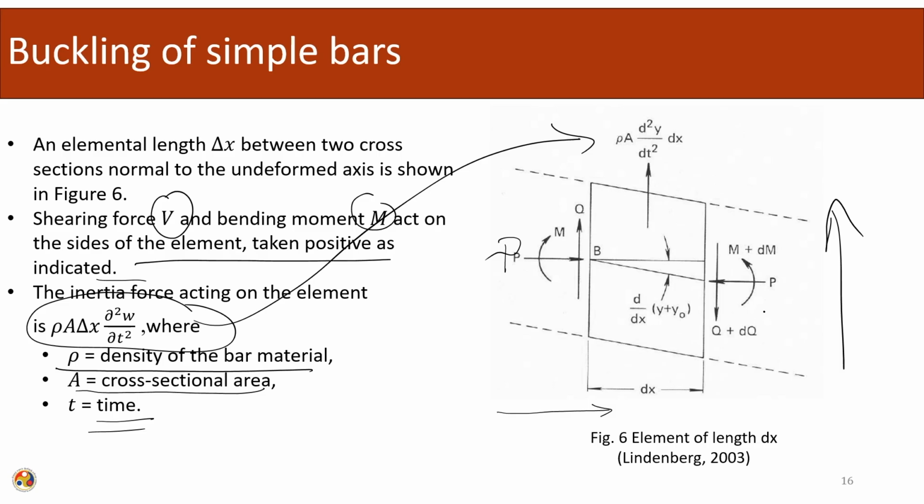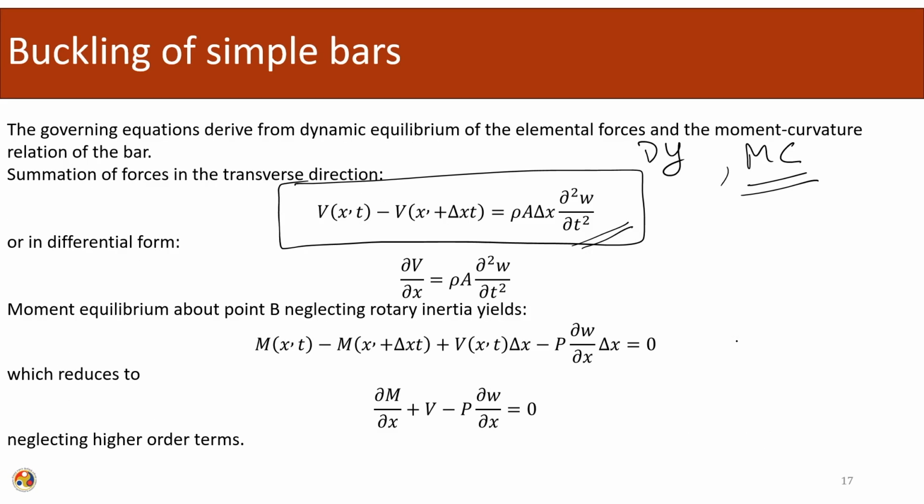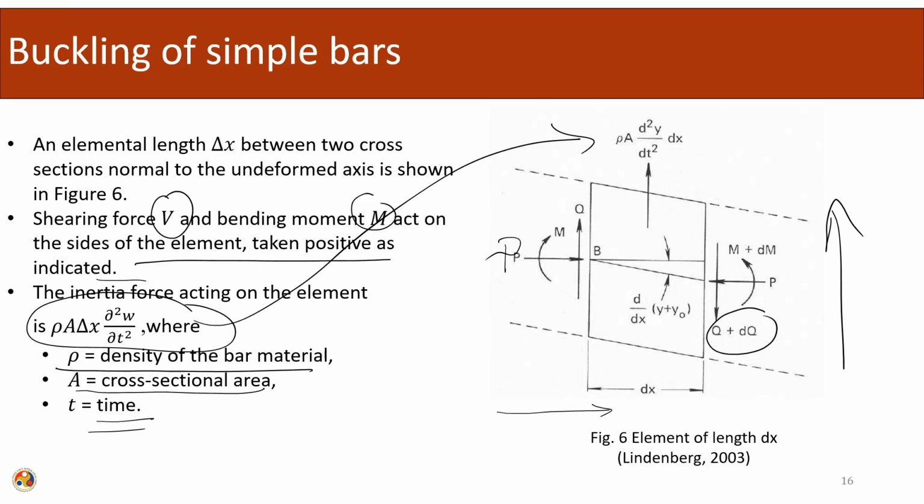In the vertical direction we have downward force q plus dq, downward meaning minus, upward force is q, and the inertial force is upwards, so plus.